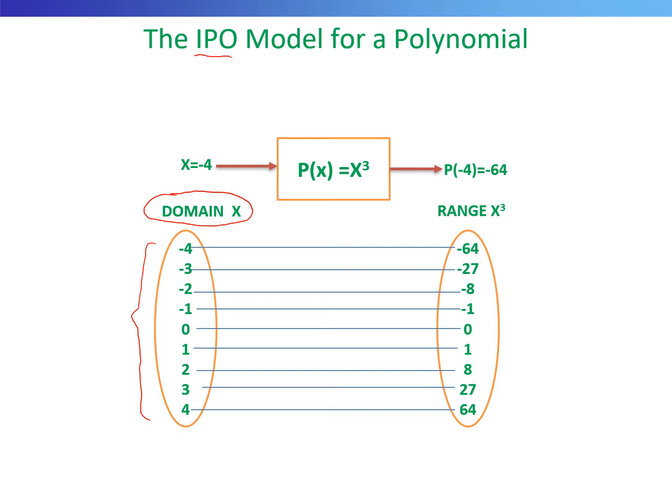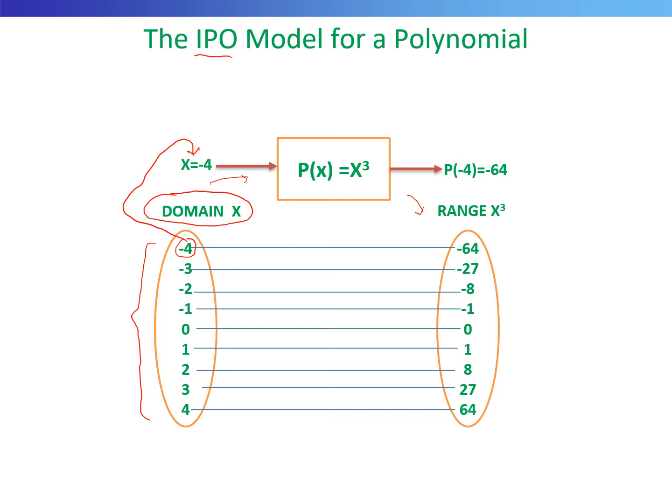Now, the input, process, output model receives the input from the polynomial, passes it to the process, and then the process will produce an output, and the output will be passed to the range. So let's take a look at an example. Assume that the input is -4, so -4 will be passed, and it will be the value of x. So x is just put here as a model, but negative 4 is the only one that will be fed in.